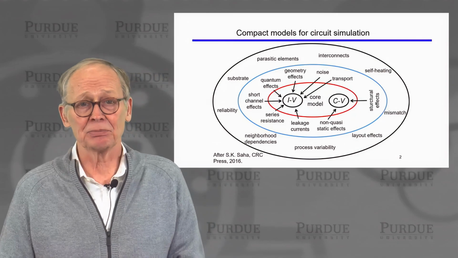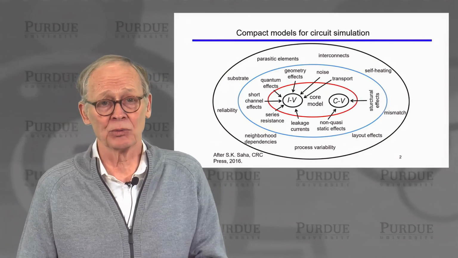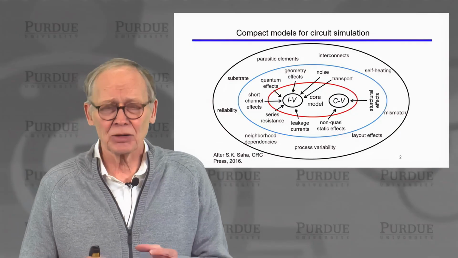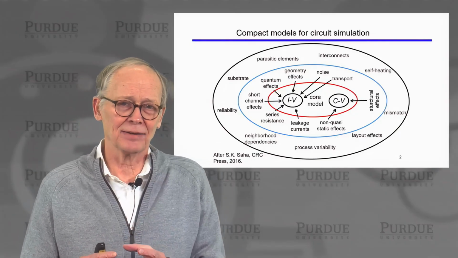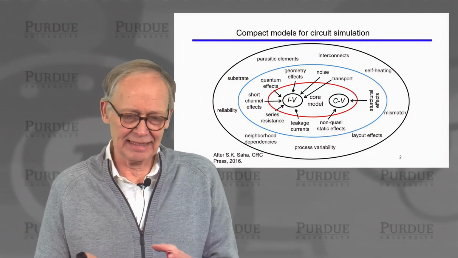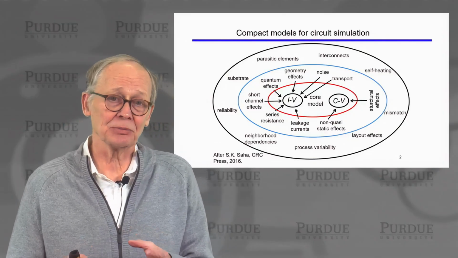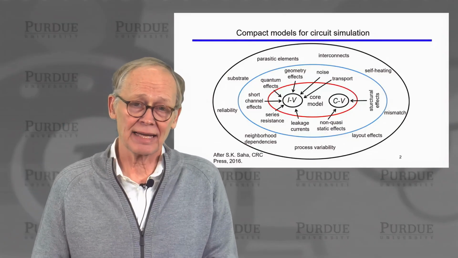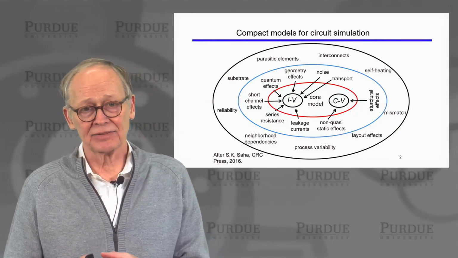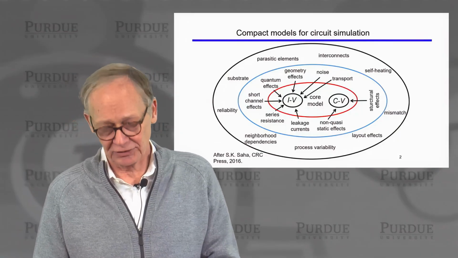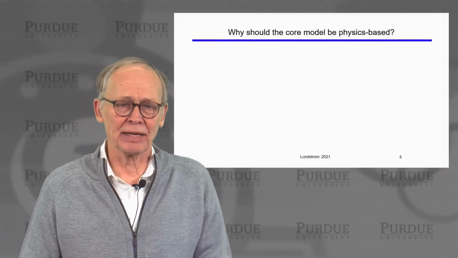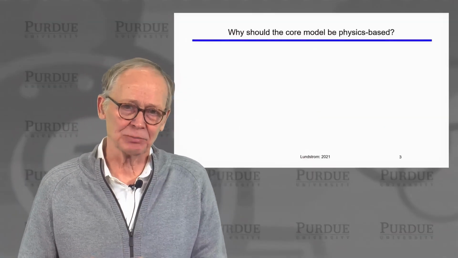There are various parasitic elements that are getting more and more important as the transistors get shorter and shorter. So there's quite a lot of effects and physical processes that must be comprehended for us to have a model that is suitable for designing sophisticated electronic circuits and systems.